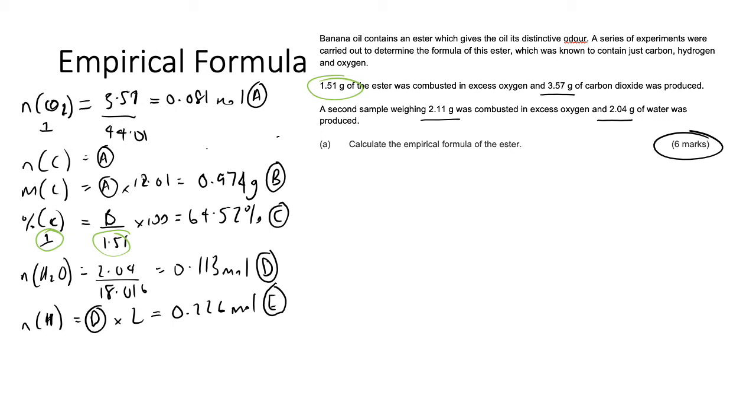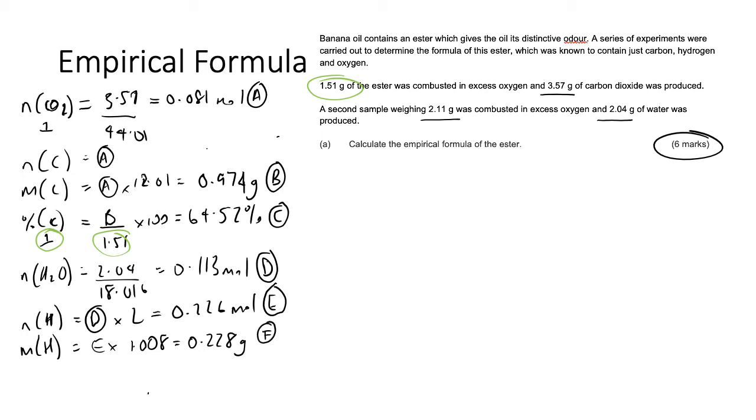And then we can work out the mass of hydrogen, which will be equal to E times 1.008, which happens to be 0.228 grams, which we'll call F.